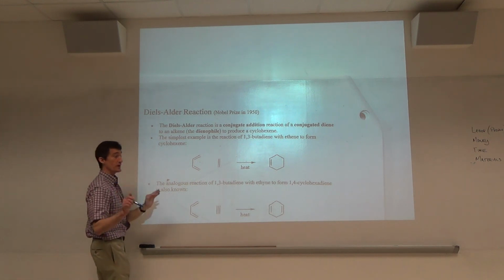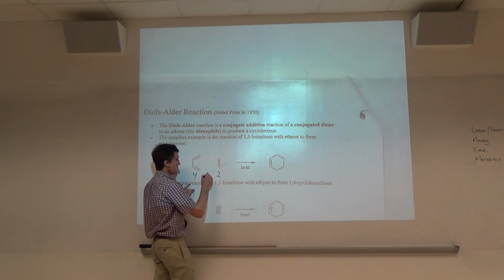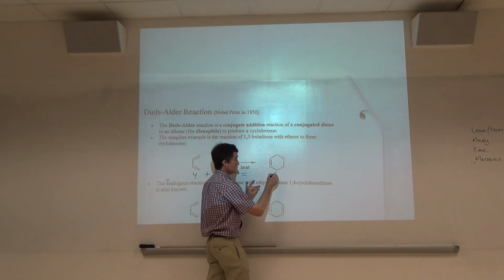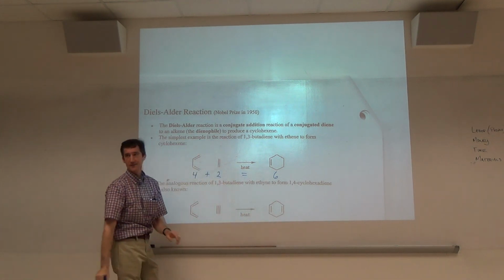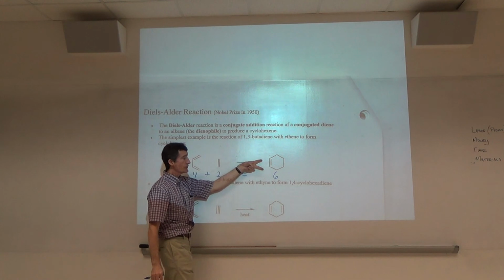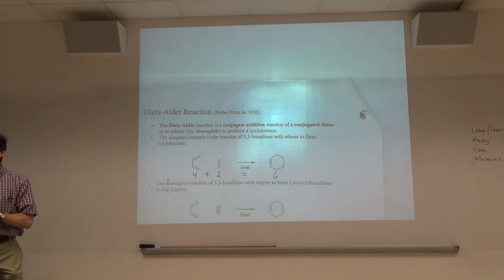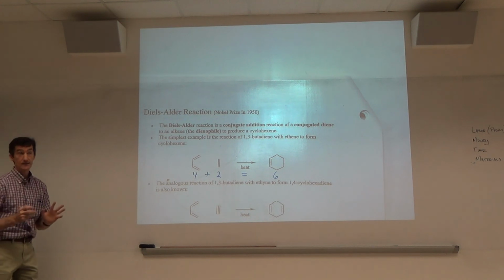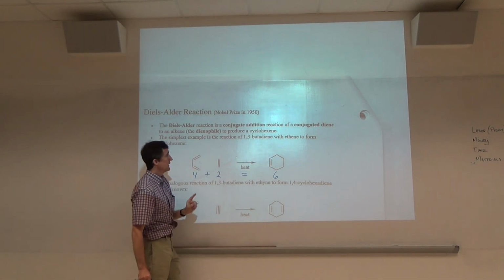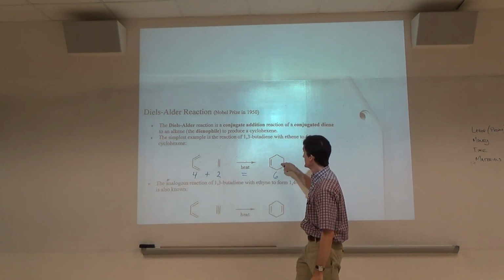Now this is the hard part. This is 4 carbons, and that's 2. And 4 plus 2 is 6. 4 reacts with 2, and you make a ring, and the ring is a 6-membered ring. Diels-Alder gives a cyclohexane, but it's going to have 1 pi bond in it. Diels-Alder always gives a cyclohexene.